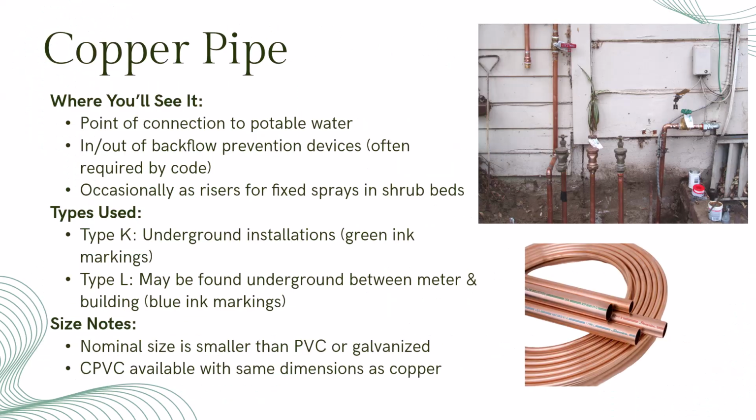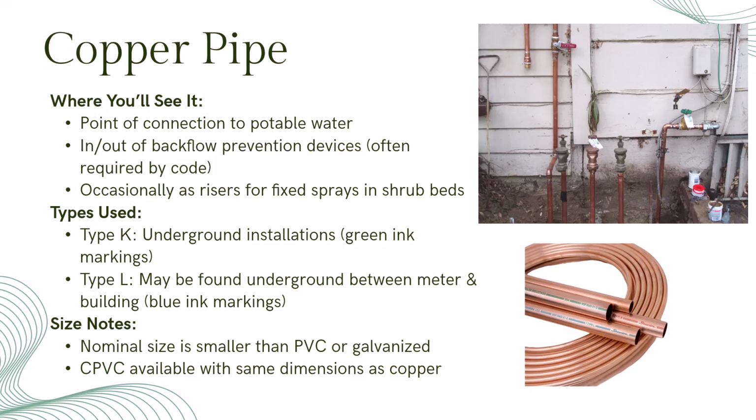Copper pipe isn't as common in irrigation systems today as it used to be, but you'll still run into it in a few key spots. The most common place is at the point of connection, where the irrigation system ties into the potable water supply. Many local plumbing codes still require copper for certain connections, especially going into and out of backflow prevention devices. You might also see copper used as risers for fixed sprays and shrub beds, though that's mostly in certain regions of the U.S. There are two types you'll likely encounter.